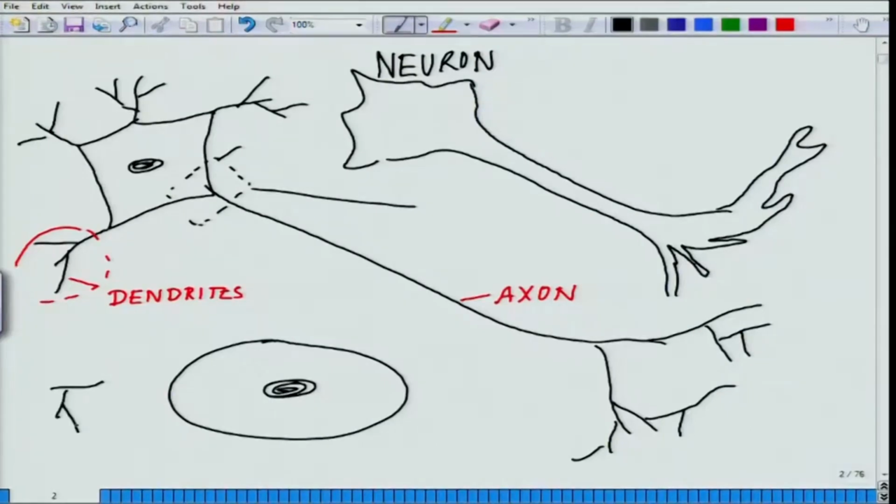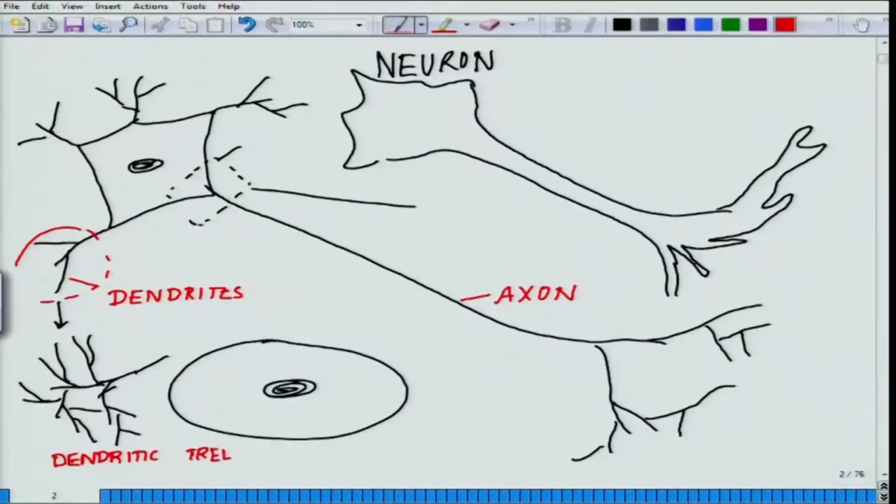It is something like, if you go into the microscopic details, you will see it is almost like this. It is kind of like the branches of a tree. Okay. If I had to draw it. So, this is called a dendritic tree. Dendritic trees. You will see the word dendrimers and all these things, they all originate from there.